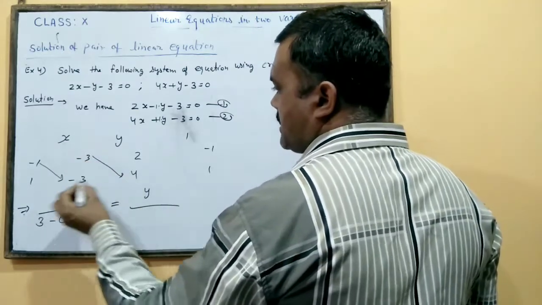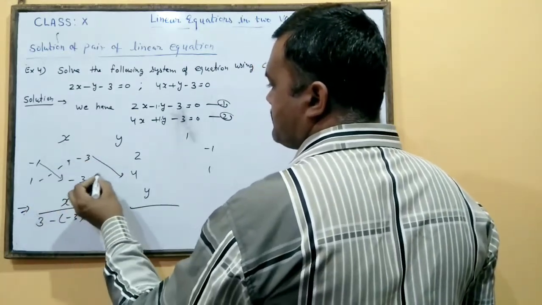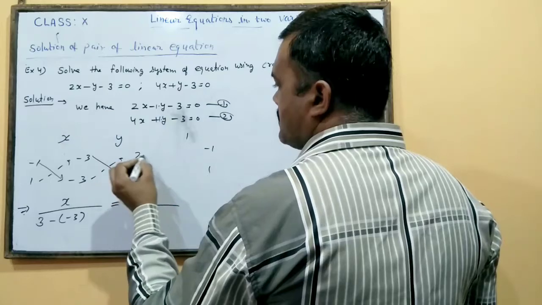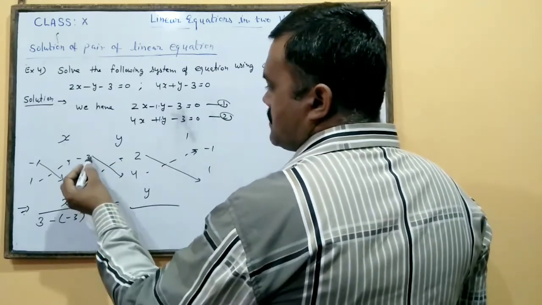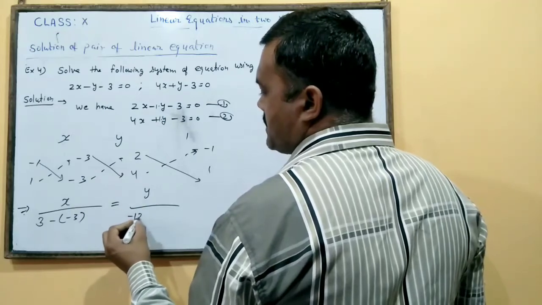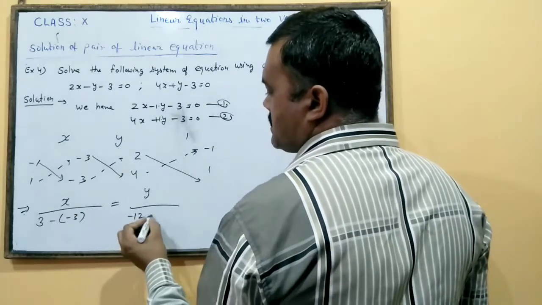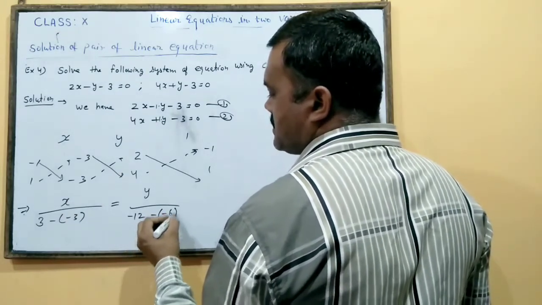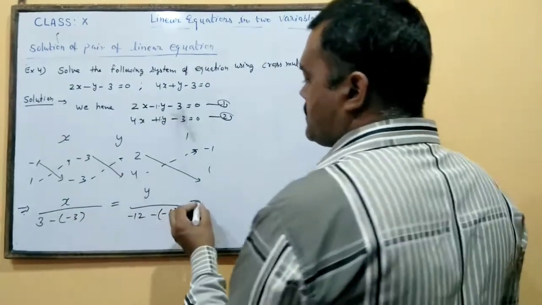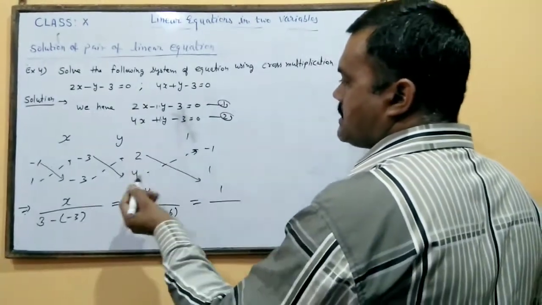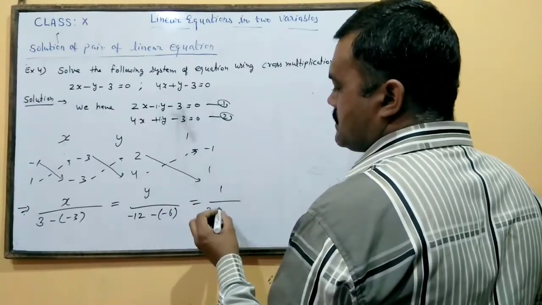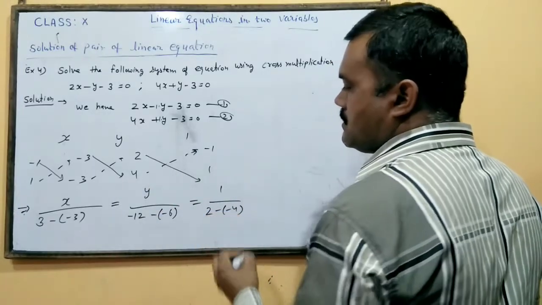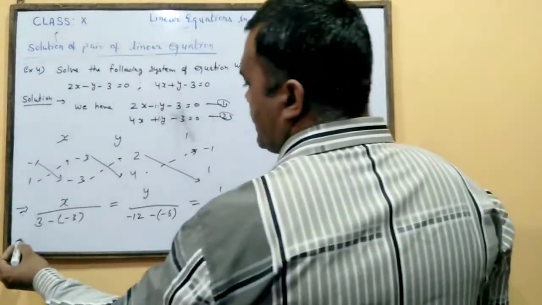Again we do the same thing here, and this is for subtraction. So 3 fours are 12, minus 12, minus 3 twos are 6, minus 6, okay, equal to 1 upon, now let us see, 2 ones are 2, minus minus 4. So after then we have what?